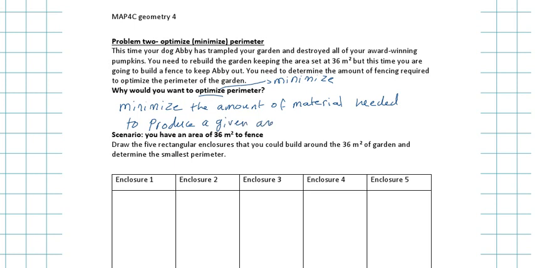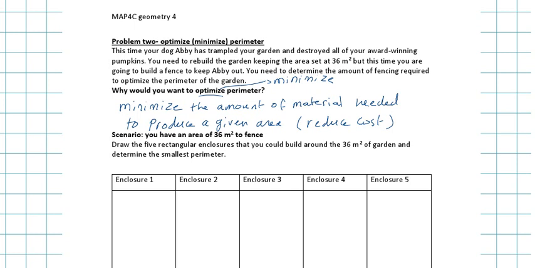So just so you guys understand this, when you're trying to find the perimeter, we are given a set area. The area is given to you. In the previous examples, they gave us a set perimeter and we were trying to maximize the area.